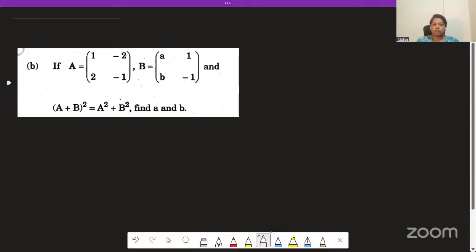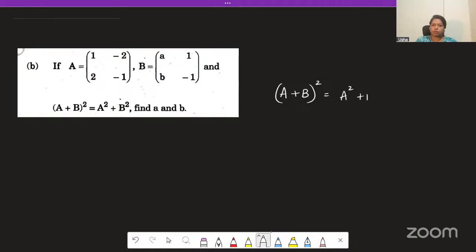Now here, it is matrix multiplication. They have given A plus B whole square is equal to A square plus B square. We are supposed to find A and B. In that solution, I wrote A plus B whole square is equal to A square plus B square plus 2AB, as per the formula.